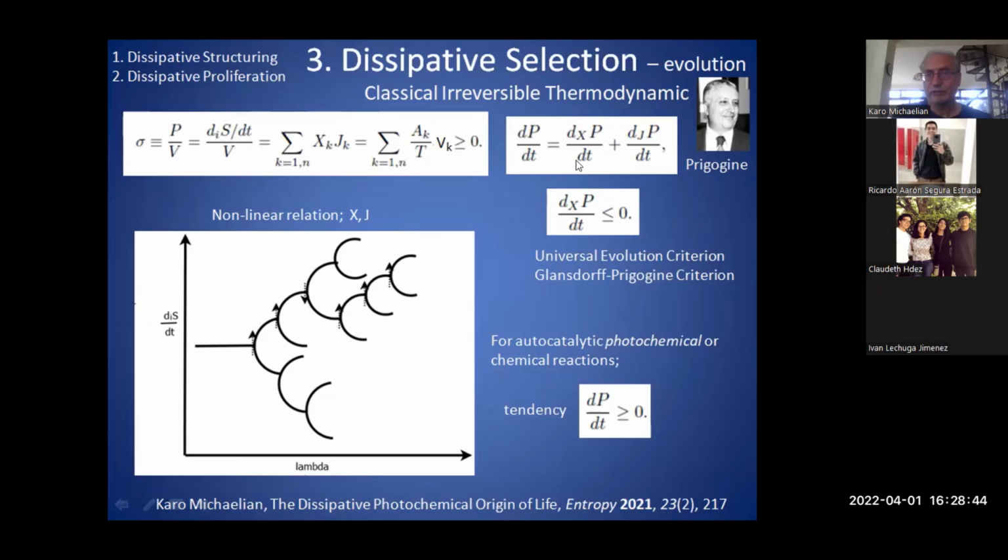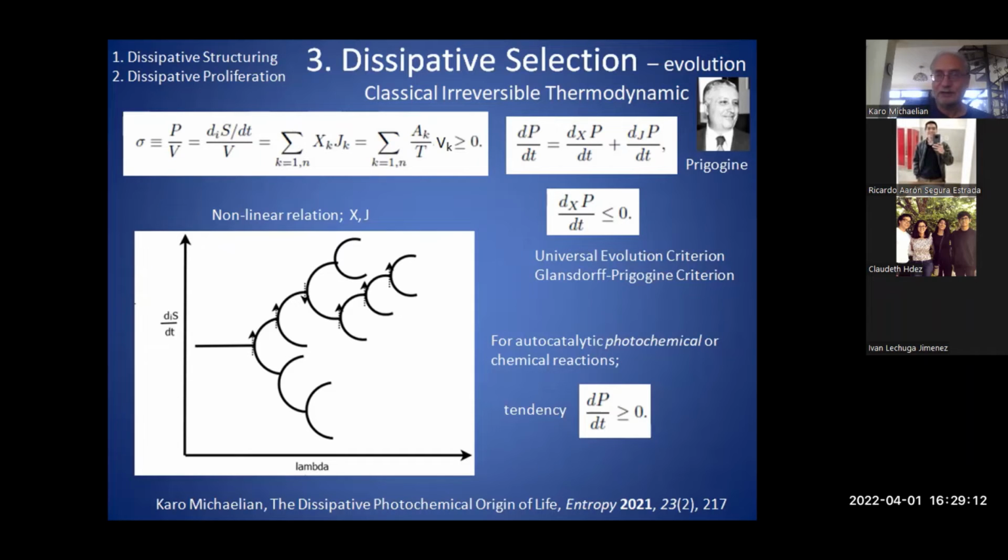Okay, so the chemical potential is reducing, but that's giving rise to a greater dissipation because of these flows. The flows are increasing. So in the case of our photochemical reactions, we're increasing the flows of the photons through the molecules, because these final molecules like adenine and guanine have this conical intersection, which allows them to dissipate photons very rapidly.